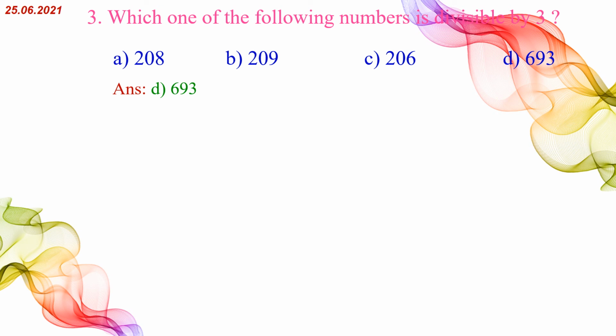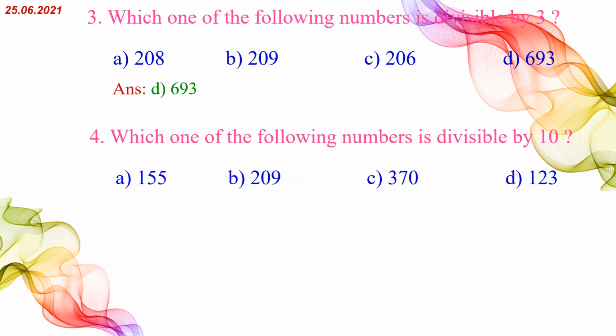Because 2 plus 0 plus 8 is 10, and 10 is not a multiple of 3. Next, 2 plus 0 plus 9 equals 11, and 11 is also not a multiple of 3. 2 plus 0 plus 6 is 8, and 8 is also not a multiple of 3. So 6 plus 9 plus 3, what is that? 18. 18 is a multiple of 3. So therefore it is divisible by 3.